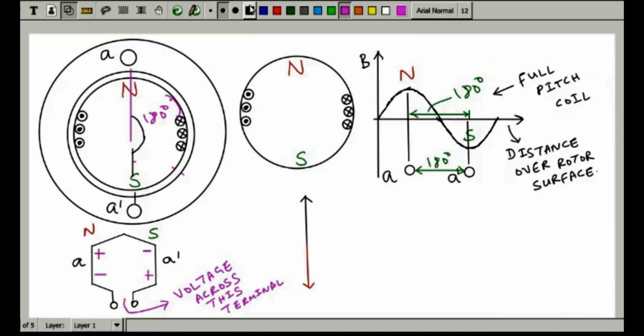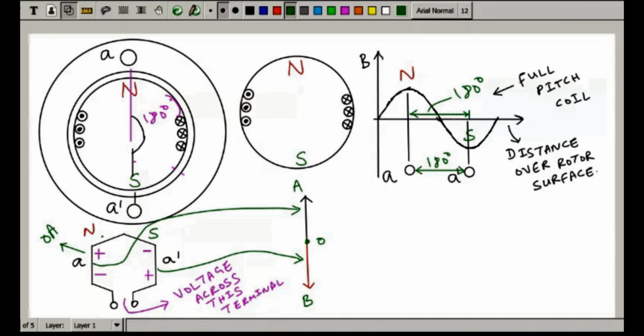Let me name the points here: this is point O, this is A, and this is B. So what will the voltage across this be? OA is the voltage in coil side A, and OB is the voltage in this coil side.